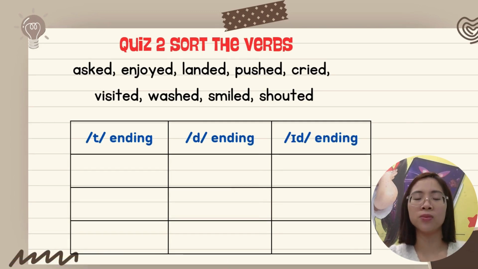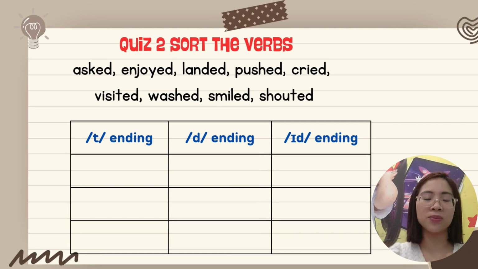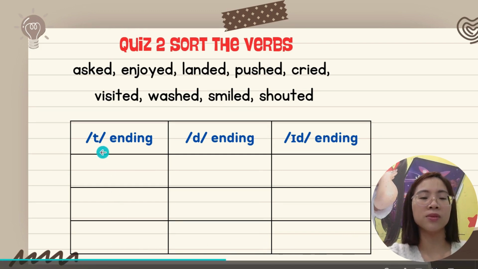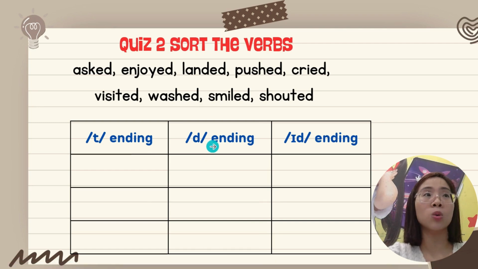And now we have quiz number 2 for you. Sort the verbs. I list some verbs here with ed, and the ed will be pronounced differently. Which verbs have a t ending, a d ending, or an id ending? Let's pause the video for 2 minutes and write the correct verbs into the correct columns.